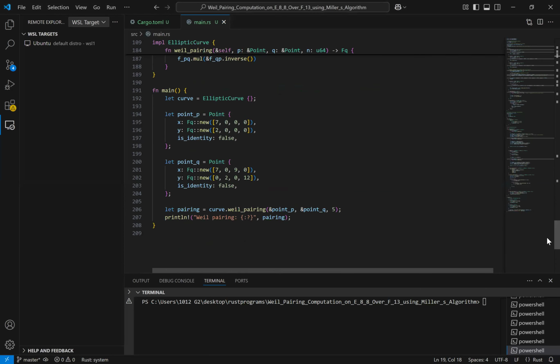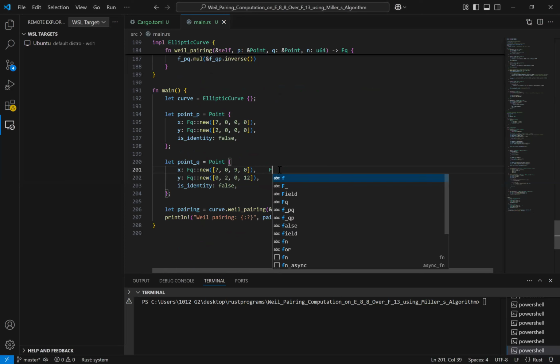Okay, I'm dealing with F13 raised to 4, where 4 is our embedding degree. So how do I expect elements to look?